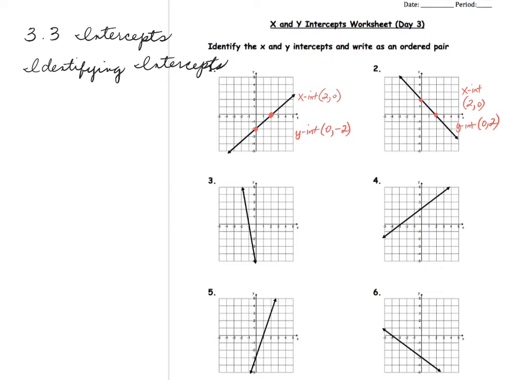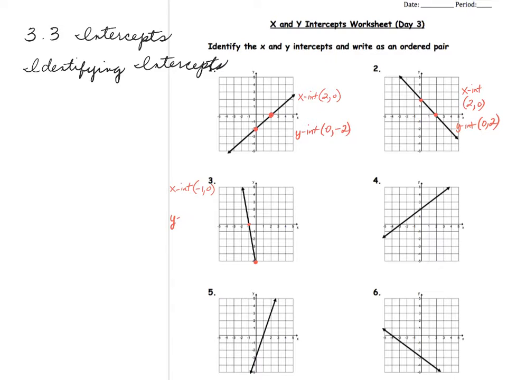With number 3, the x-intercept is, it crosses the x-axis here, (-1, 0). It crosses the y-axis way down here at the bottom. Don't get confused about that. It does cross the y-axis. You just have to maybe think outside the box.